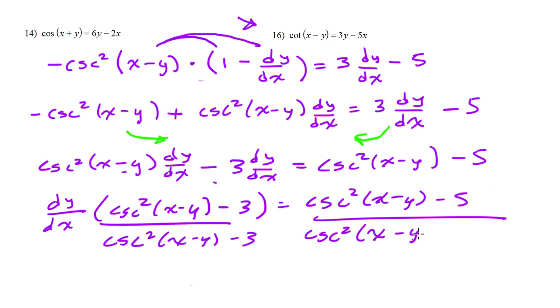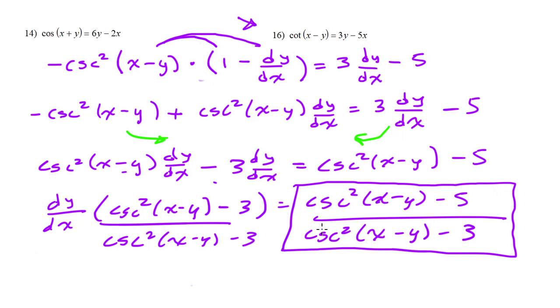So we end up with cosecant squared x minus y minus 5 on top, and then cosecant squared x minus y minus 3 on the bottom, and that's going to be dy dx. So I should finally write here dy dx is equal to that for my final line.